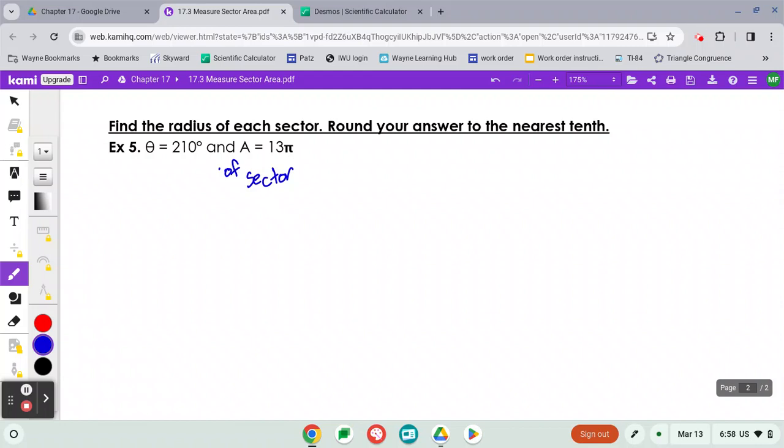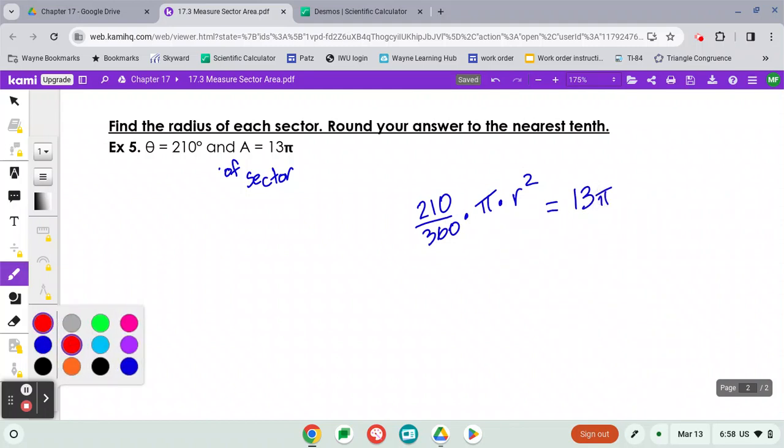Our formula for the area of the sector would be 210 divided by 360 times pi times r squared. We don't know what r is, and we know that is equal to 13 pi. Well, at this point, I hope you see we can get rid of our pi's. And now we need to solve for r.